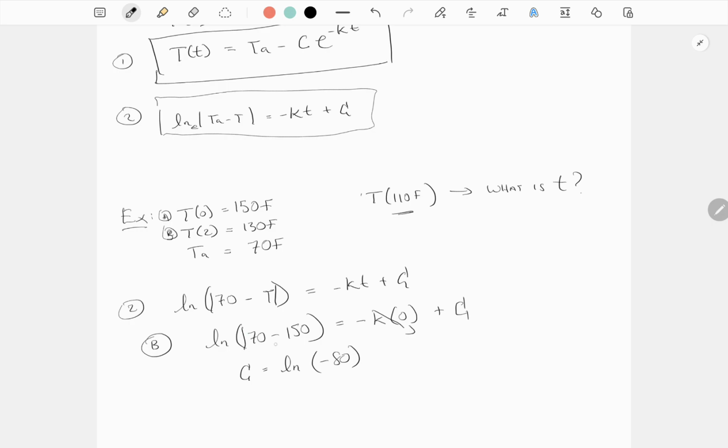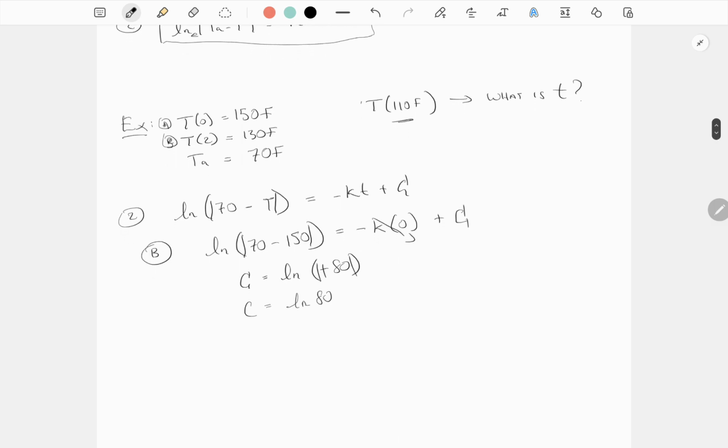We are always taking the magnitude. This is a very good point to make. What's the magnitude of negative 80? Well, that's positive 80. So C is ln of 80. Let's sub that into 2.